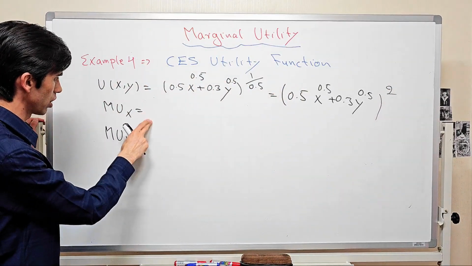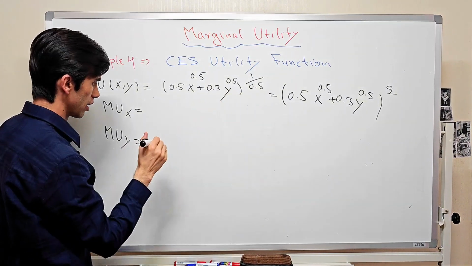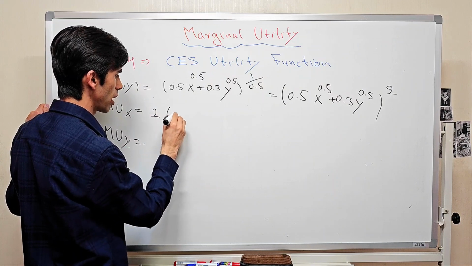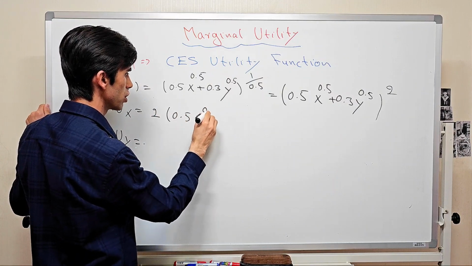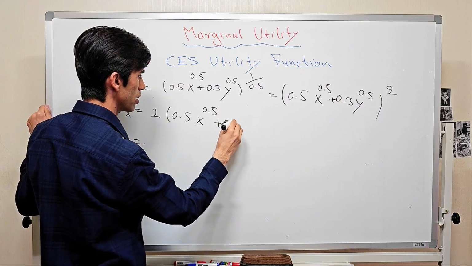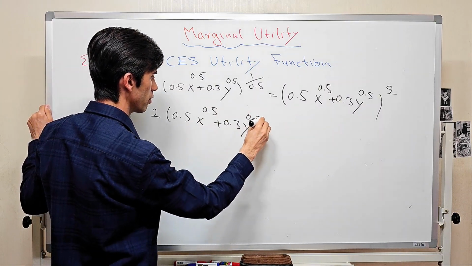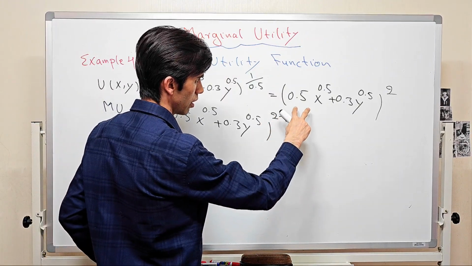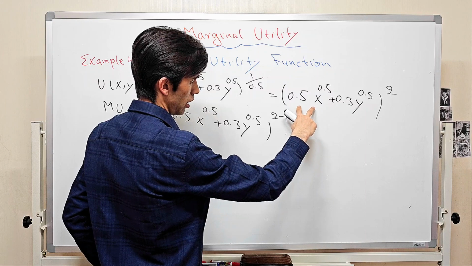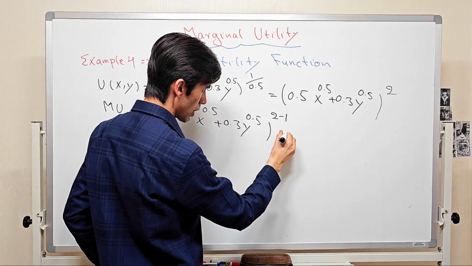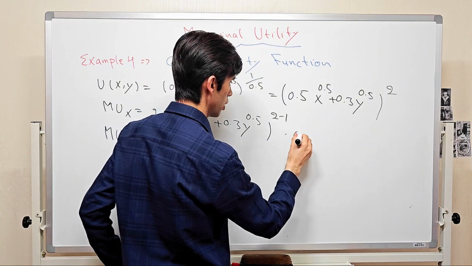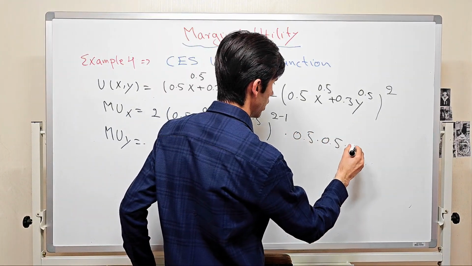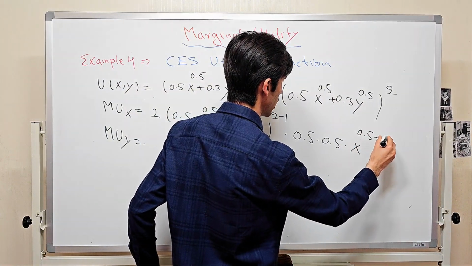Let's find the marginal utility of x and the marginal utility of y. The marginal utility of x is equal to 2 multiplied by (0.5 x to the power of 0.5 plus 0.3 y to the power of 0.5) to the power of 2 minus 1, multiplied by the derivative of the inside, which is 0.5 multiplied by 0.5 x to the power of 0.5 minus 1.